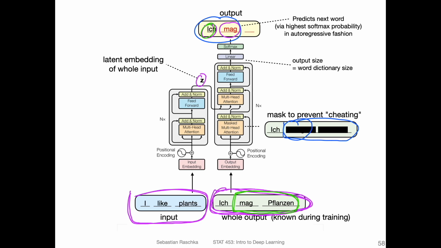One more detail here. The output size, what we are predicting here, this is one computationally expensive step, because the outputs here are the predicted probabilities for each word in the dictionary.